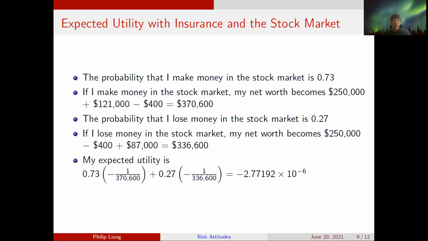And the probability I lose money in the stock market is 0.27. And again, if I lose money in the stock market, my net worth is going to be my $250,000 house minus $400 of insurance premium plus $87,000 in my stocks. So my expected utility will be minus 2.77192 times 10 to the minus 6.